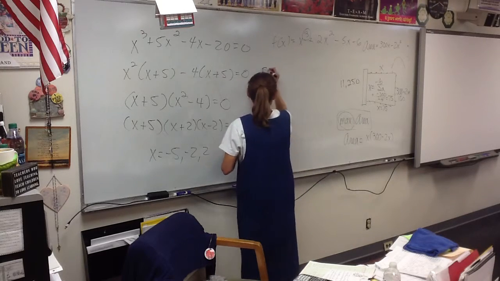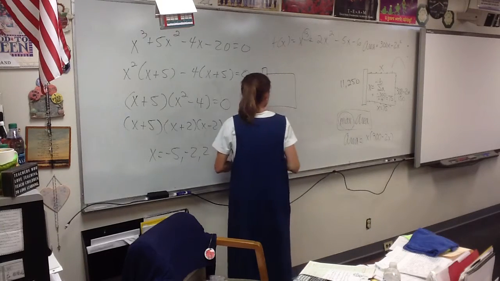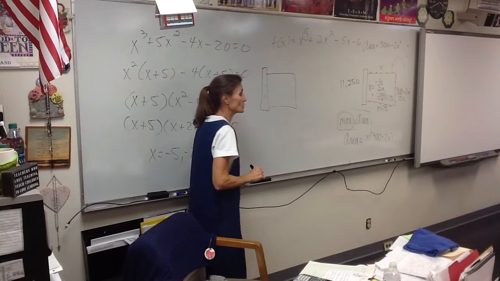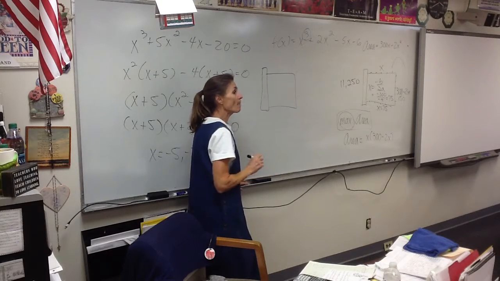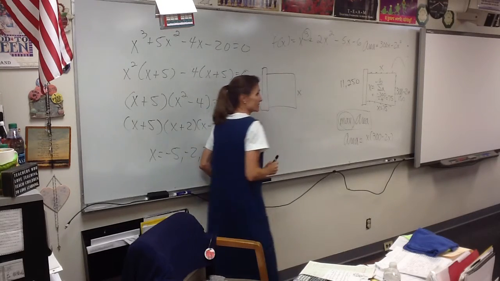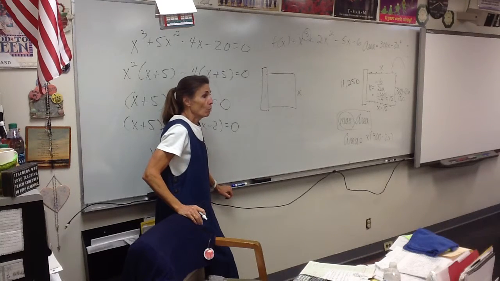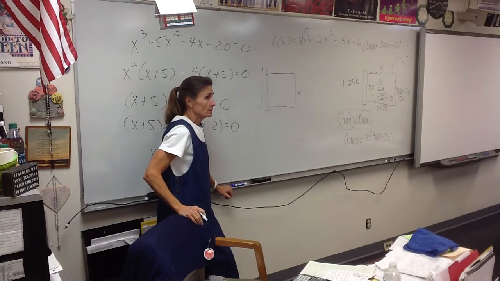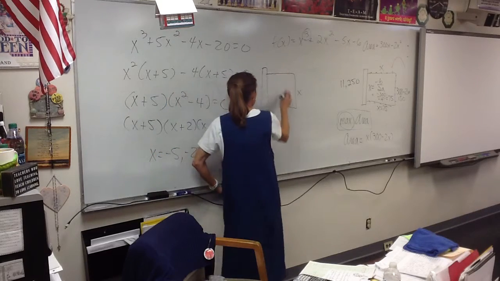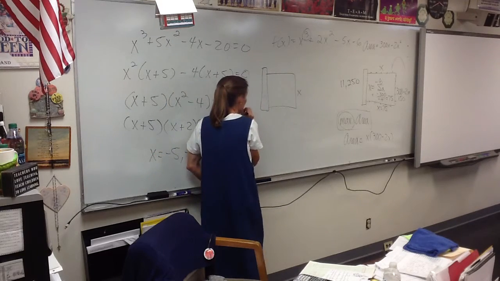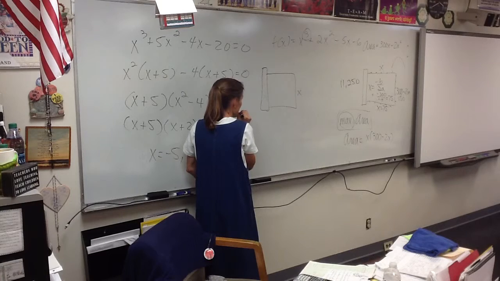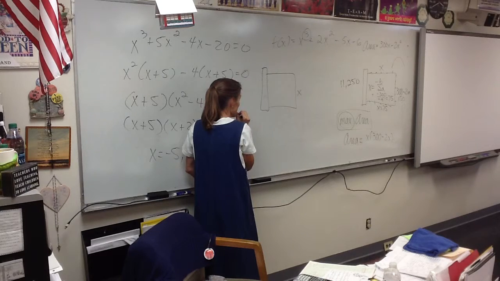Now, let's go back and redo the problem, because Vincent asked a very cool question. He said, what would happen if I let this be x? Well, okay, what would these be then, if that was x? 300 minus x.